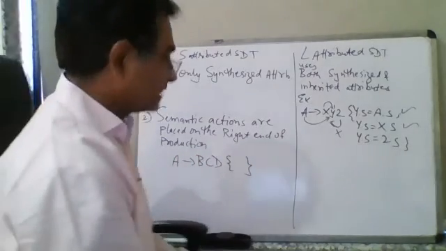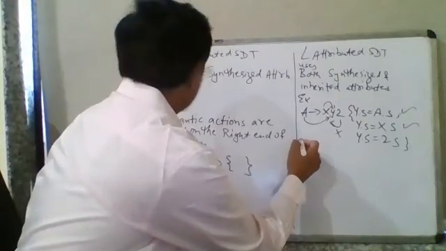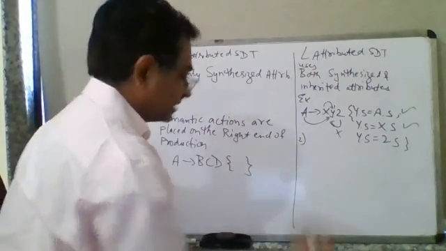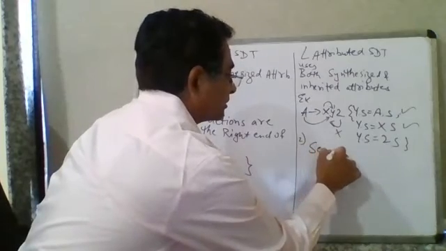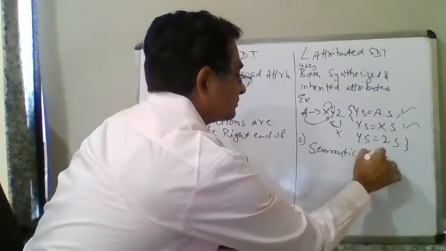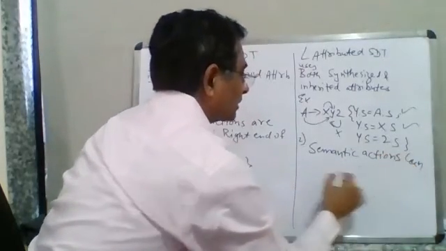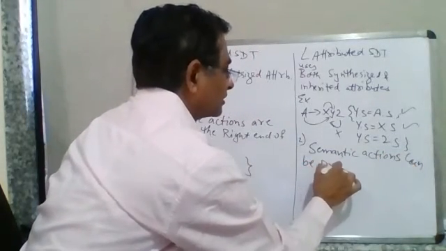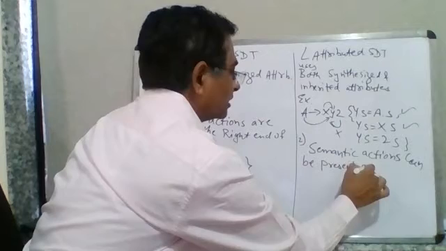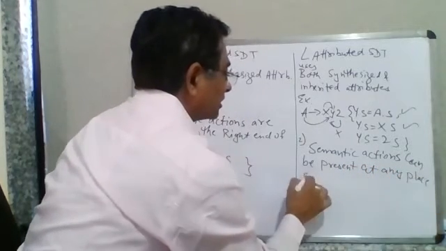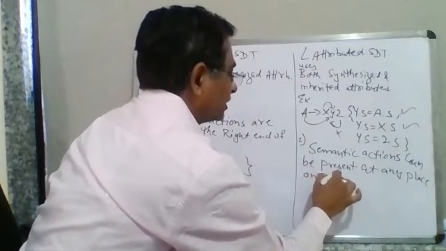And whereas in this case, the semantic actions could be placed anywhere on the right hand side. So semantic actions can be present at any place on the right hand side, right? So what is the meaning of this?